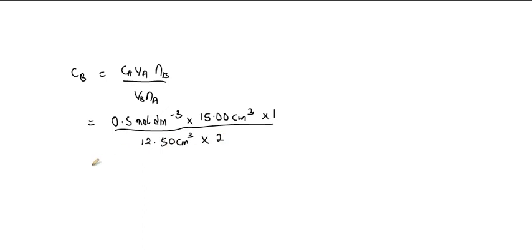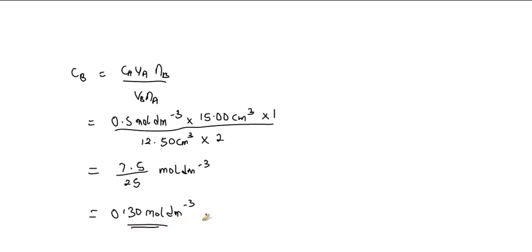Here we have 7.5 divided by 25 mole per dm³, which is equal to 0.30 mole per dm³. And that answers the question.